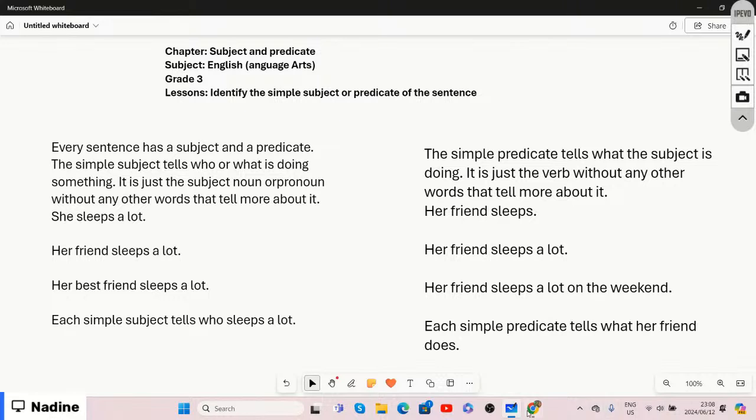The simple subject of a sentence tells us who or what is doing something. It can be just one word, or it can be more than one word that tells us about what the subject is doing. It tells us either who or what is doing something.